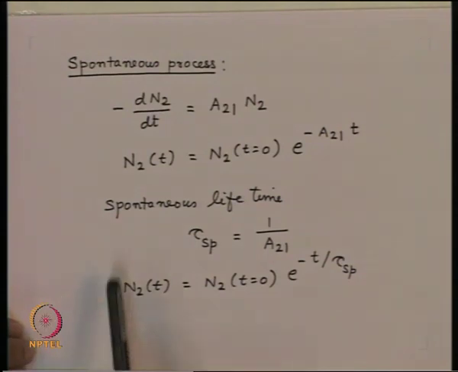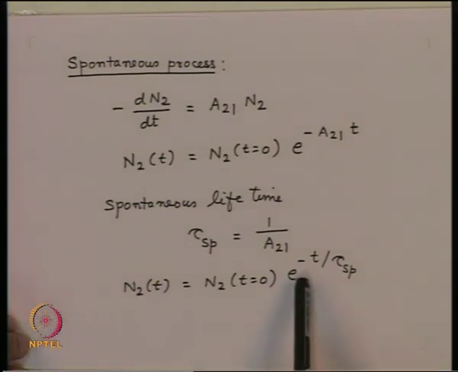And then we got a solution of this equation, where the electron density as a function of time decreases exponentially at the higher energy level, and that time constant is what is called the spontaneous lifetime.